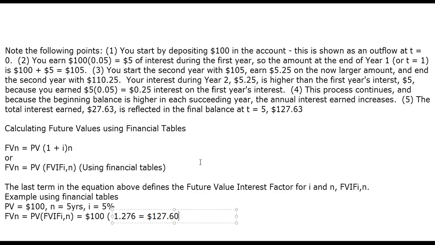All right, let's continue. We're going to go to something different now. We're going to something named present value now. So I'm going to erase this part now.